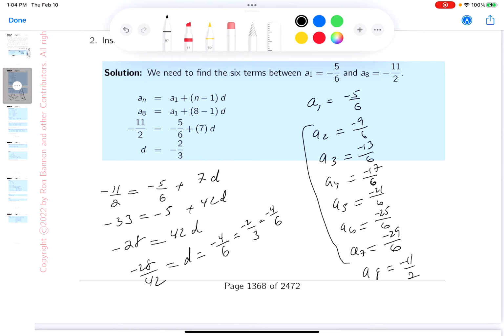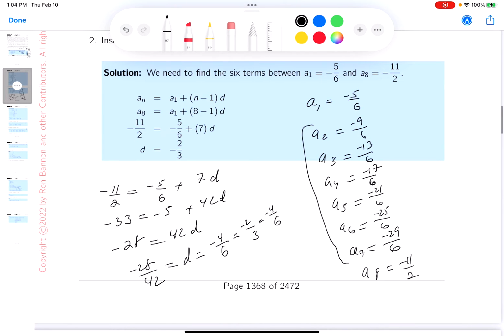oh boy, I think I made a mistake somewhere. Let's see where I made a mistake. The reason is it's got to end at minus 11 halves, and I don't think I got that. Did I write the right number down? Yeah. Minus 4, minus 9, minus 13, minus 17, minus 21, minus 25, minus 29.